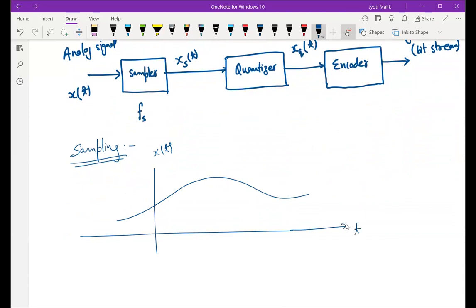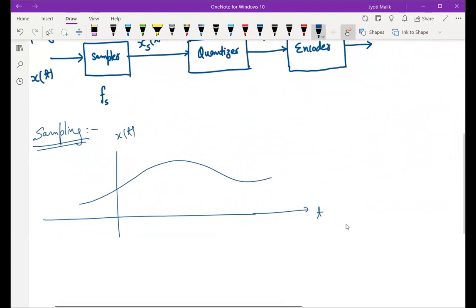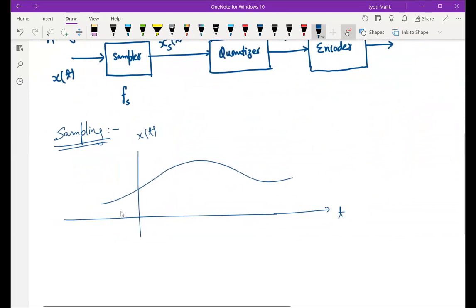To convert it into a sampled version, we have to take samples of the signal at regular intervals. Let's say this is 0. We take the first sample at 0, then at ts, then at 2ts, then at 3ts, like this, on this side and on that side also.